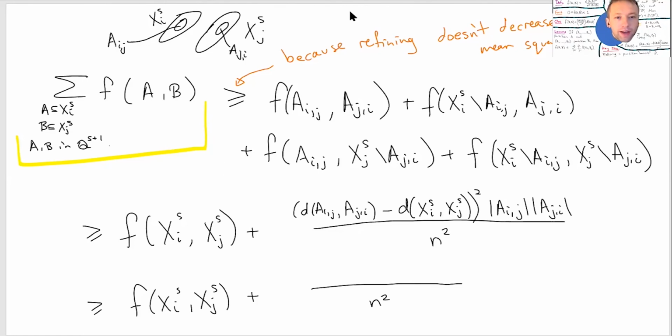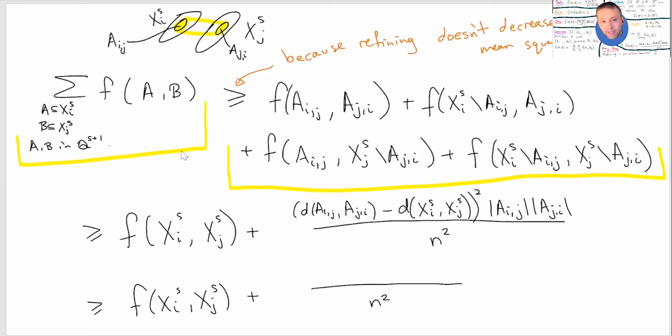Now, this sum is over a lot of pairs of sets, but I claim that it is at least as big as if I just looked at these four terms. By the way, these four terms don't actually appear in that sum. They come from my certificate of non-epsilon regularity for that pair, where I just look at this and the complement and all that.